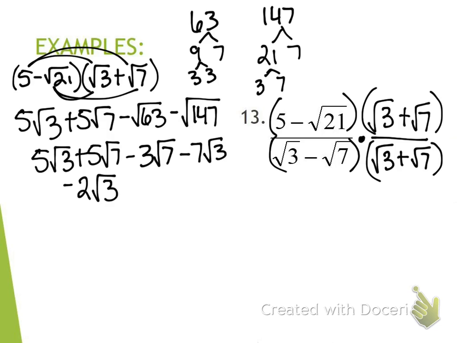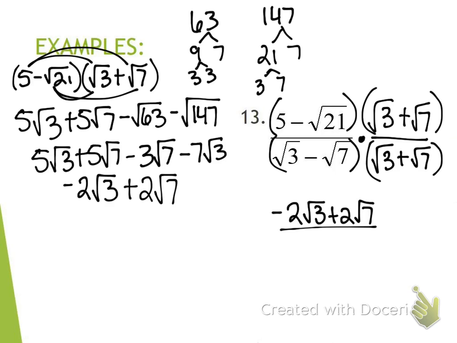Positive 2 root 7. Can we combine those? No, why not? They don't have the same radical. So we have to leave those alone. So that is now what's in my numerator. Negative 2 root 3 plus 2 root 7.